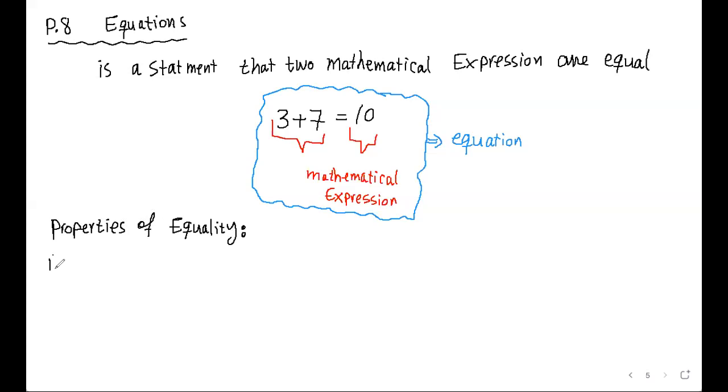Property one: if I have the equation A equals B, and I want to add the same quantity to both sides of this equation, for example C, I get an equivalent equation: A plus C equals B plus C. This means this equation and this equation are equivalent to each other.